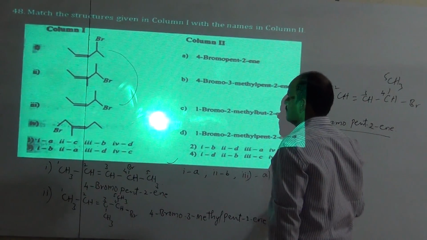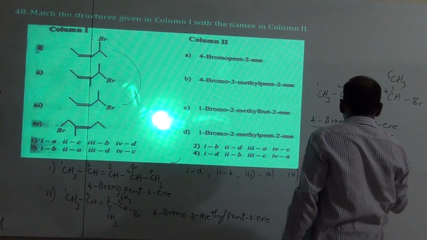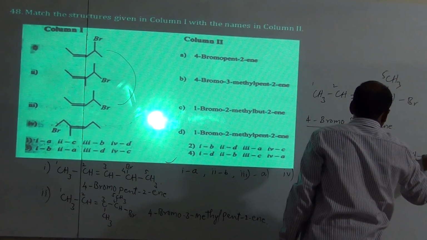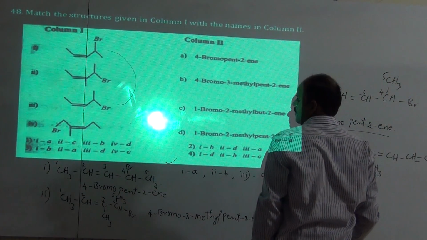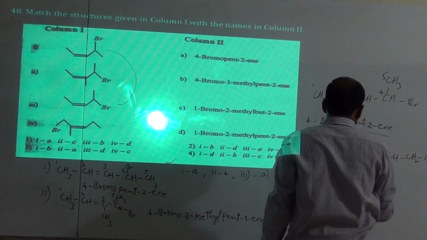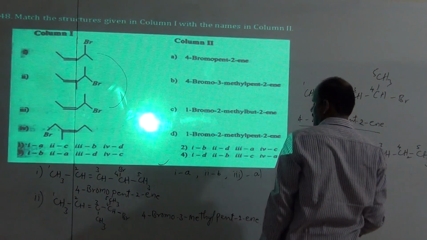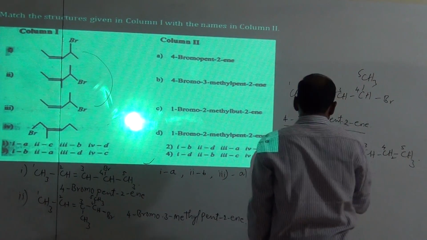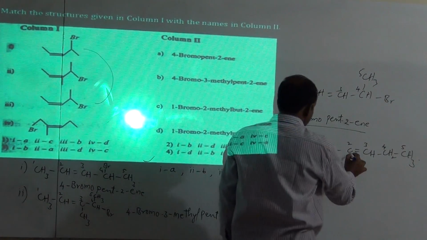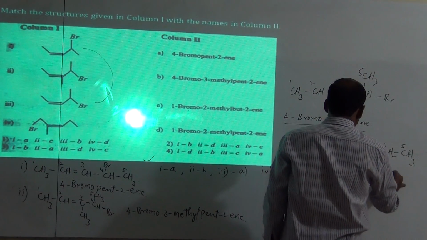Then the fourth one, what is that fourth one? Br CH2 C CH3 double bond CH CH2 CH3. Given 1, 2, 3, 4, 5 carbons. On first carbon bromine is there, 1-bromo. Then on second carbon, methyl group is present, 2-methyl.